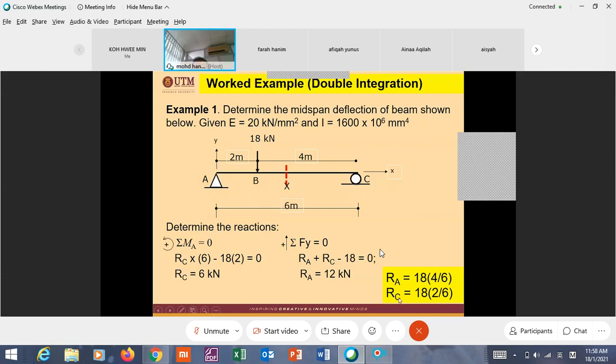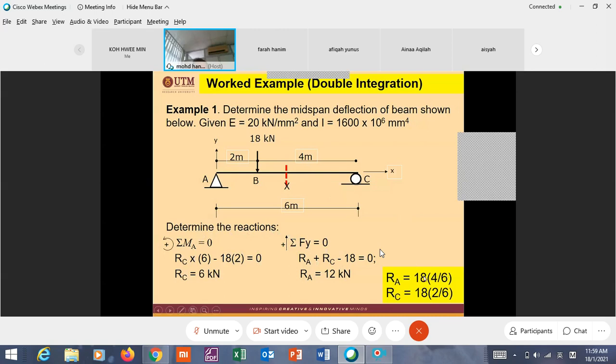So, RC equal to 18 minus 12, or RC equal to 18 multiplied by the shortest distance divided by the longest distance. This is just by proportion. In an exam or a test, if you use this calculation, it will take you time.